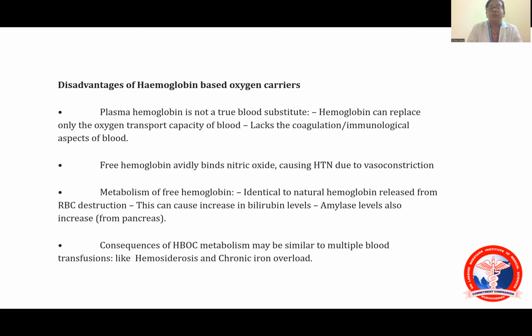Third point is regarding metabolism of free hemoglobin. It is identical to natural hemoglobin released from RBC destruction. This can cause increased bilirubin levels, and amylase levels also increase. Consequences of hemoglobin metabolism may be similar to multiple blood transfusions, like hemosiderosis and chronic iron overload.